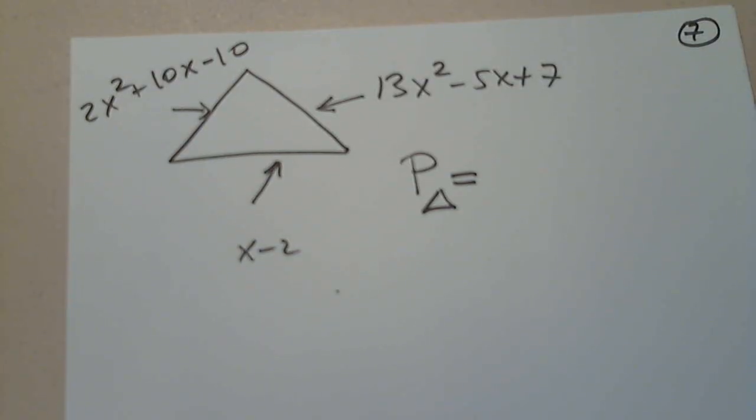Let's take a moment and determine the perimeter. Anybody remembers the formula of the perimeter of a triangle or any geometric figure? What will be the perimeter of this geometric figure?